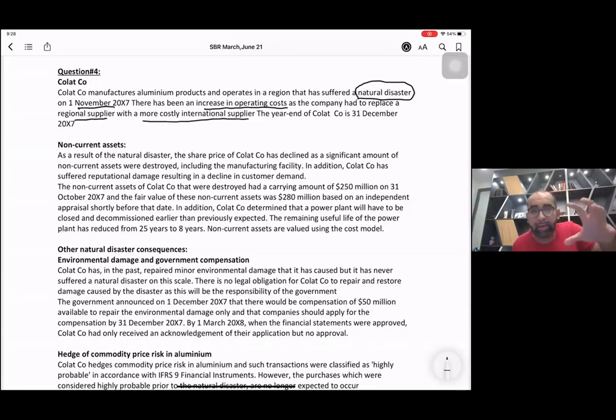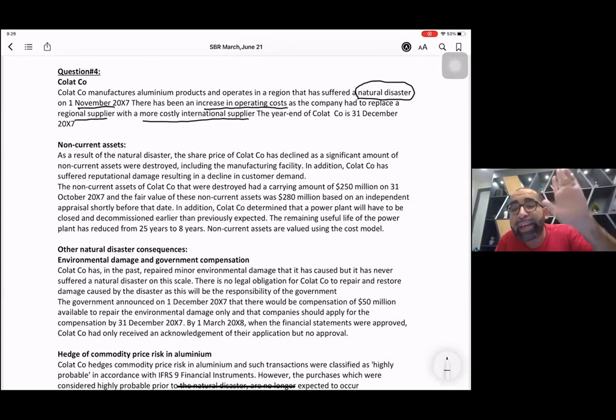Now, wait, let me gather arguments. I know the requirement, that's why I'm gathering arguments. Just because of this disaster, now we cannot buy goods from a local supplier. He's not available, so now we have to buy from an international supplier. So more freight charges and more freight cost will increase our operating cost. When this increases your cost, automatically your future profits will be reduced, and when your future profits are reduced, your future cash flows will be reduced.